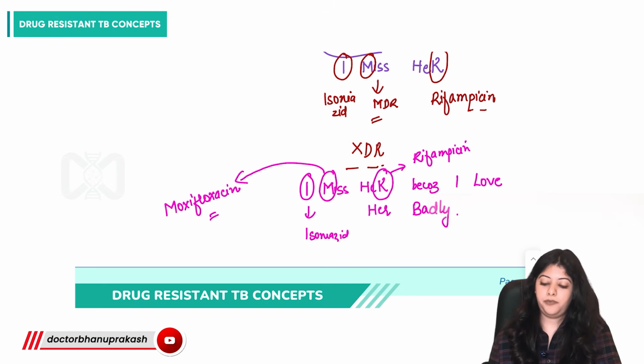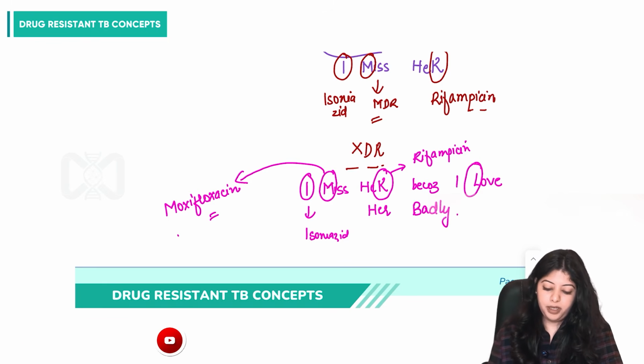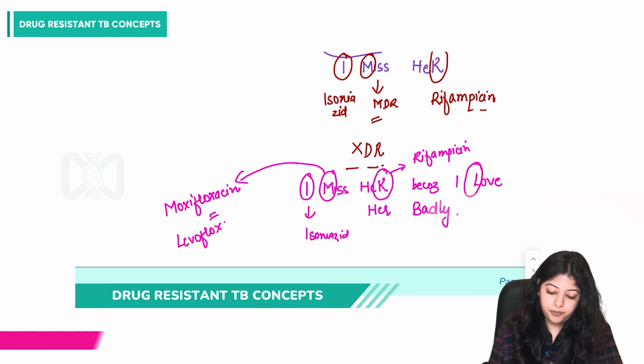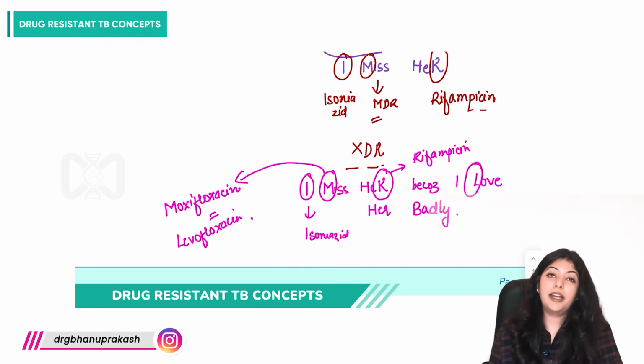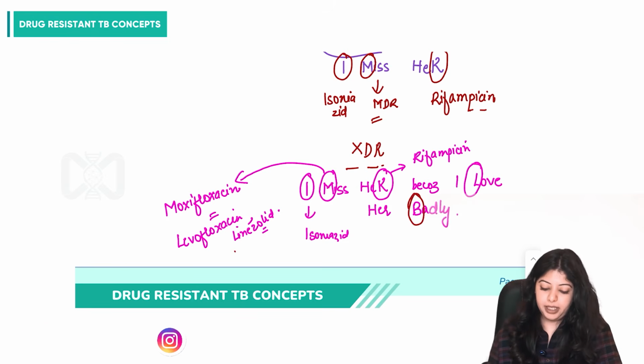Right? And then L in this particular mnemonic would be used for levofloxacin and linezolid, and the last letter B would be used for bedaquiline.